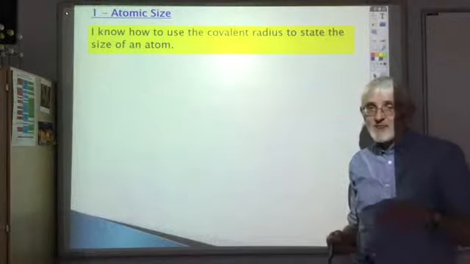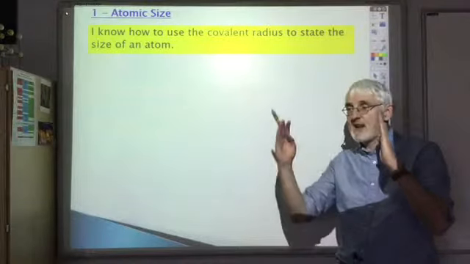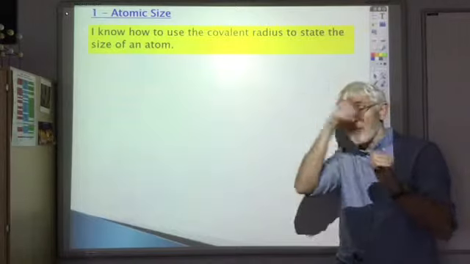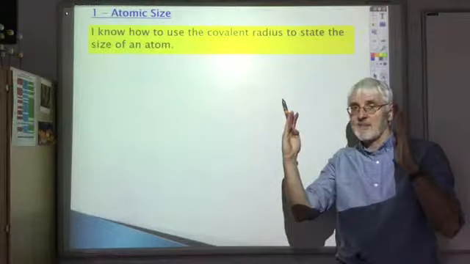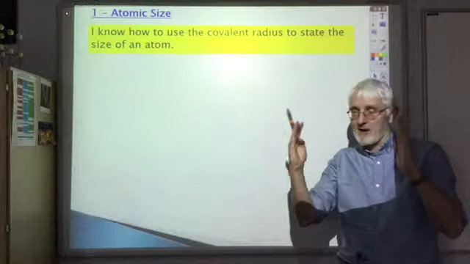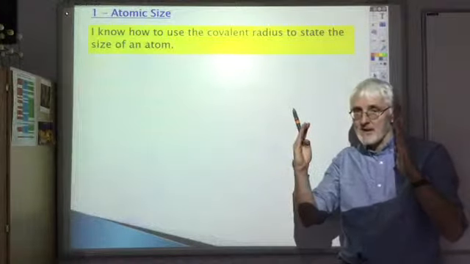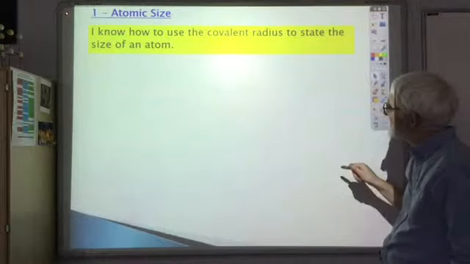Now the size of an atom is from one side of the atom's outermost occupied energy level to the other side. But it's very hard to pinpoint where electrons are in order to measure that. So instead of measuring the atomic size, we measure the covalent radius.